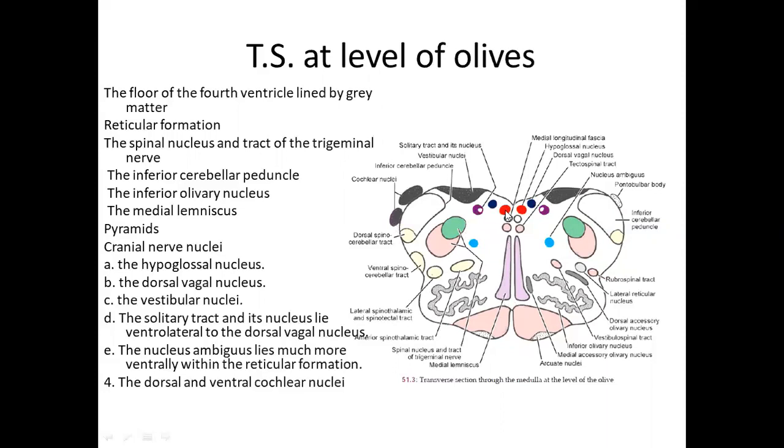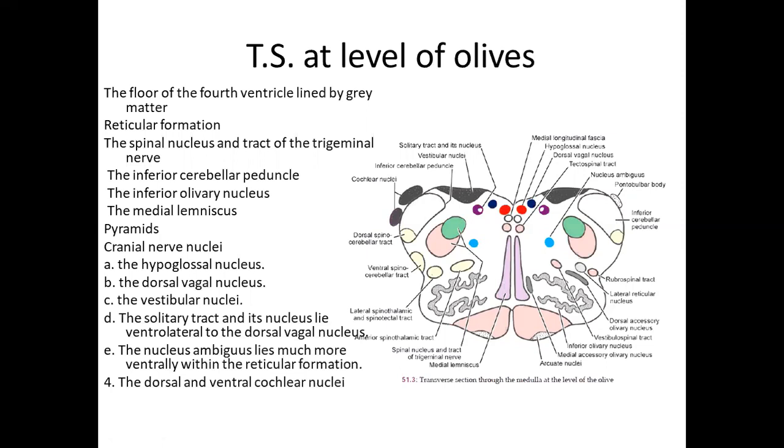Then from ventral to dorsal side, we have medial lemniscus carrying the conscious proprioception and discriminative touch coming from the dorsal column. Then the tectospinal fibers governing your head and neck movement along with your eye movement, the visual spinal reflexes, and this one is the medial longitudinal fasciculus.